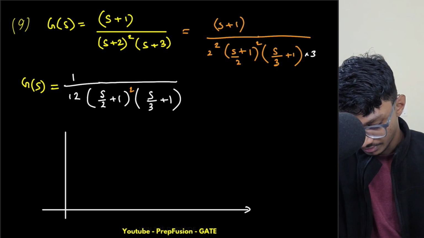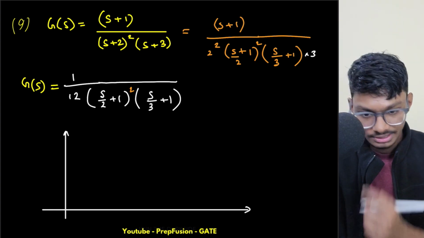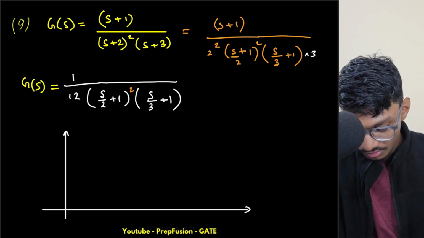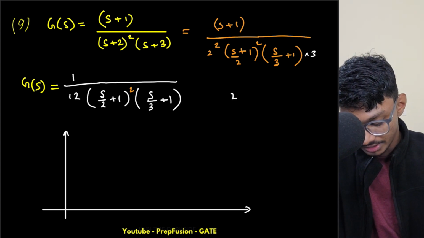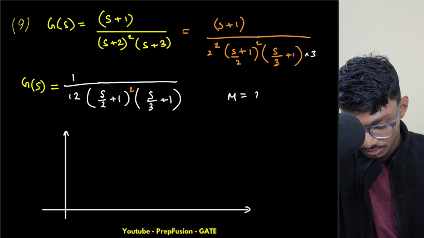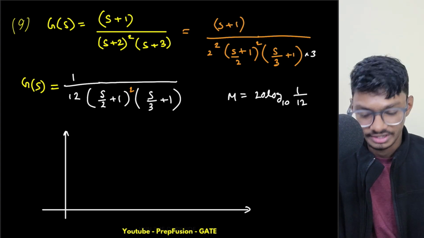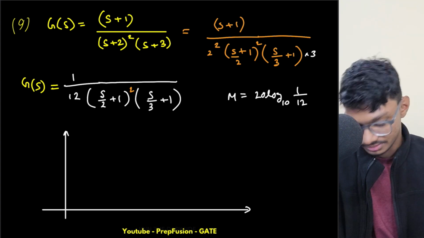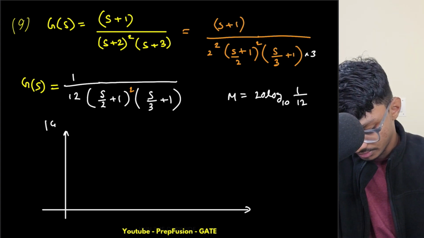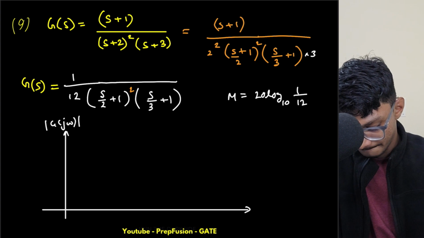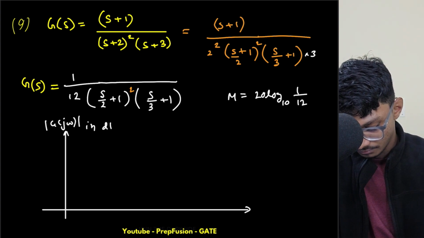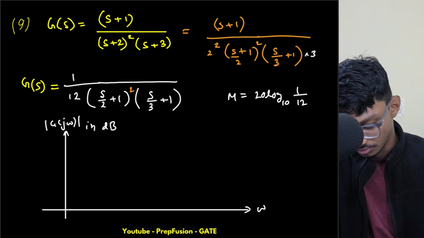So first, what is my DC gain? I'm naming it some variable m equals 20 log base 10 of 1 by 12. I don't care about this one, so I'm not calculating it. This is my magnitude of G of j omega in dBs, and this is in omegas.